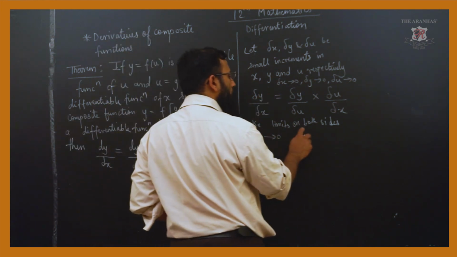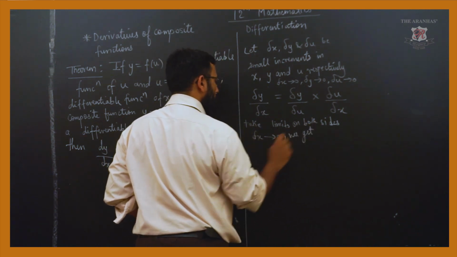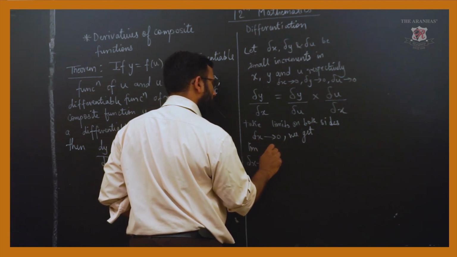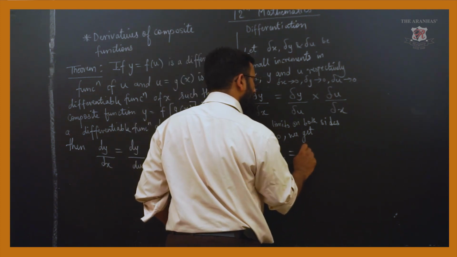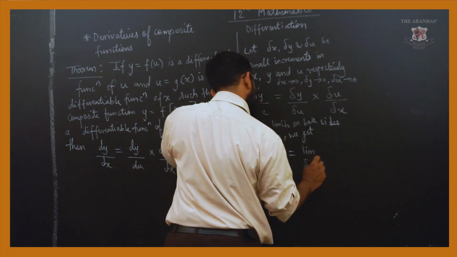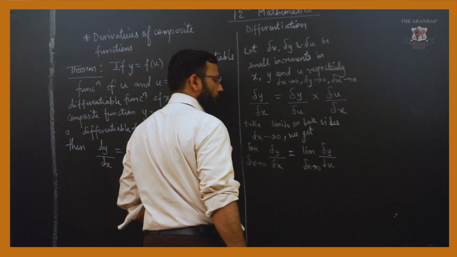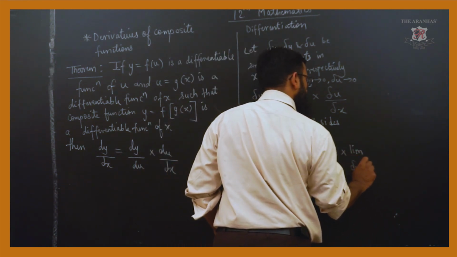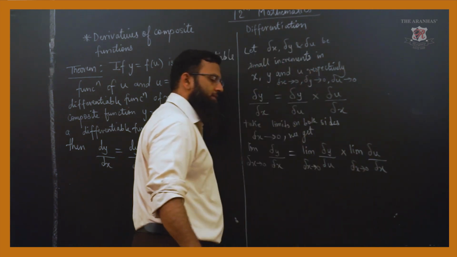So if I take limits on both the sides with delta x tends to 0, what we get over here is limit delta x tends to 0, delta y upon delta x, which is equal to limit delta x tends to 0, delta y upon delta u into limit delta x tends to 0, delta u by delta x.